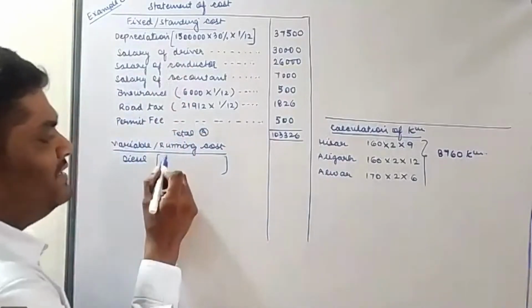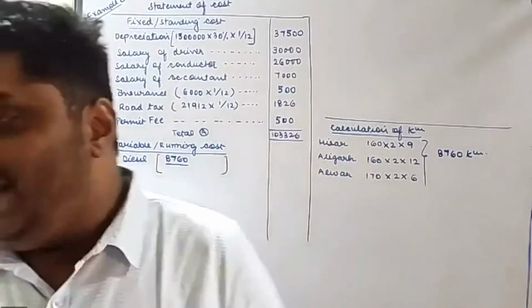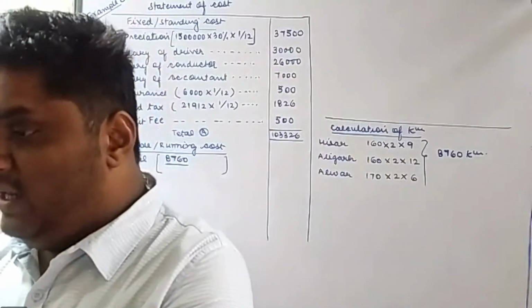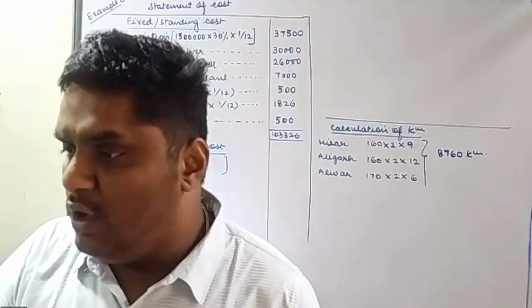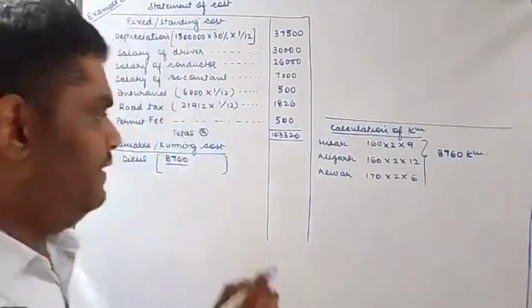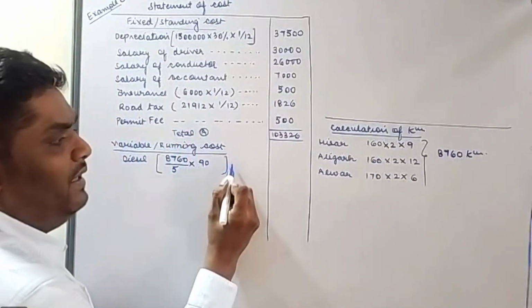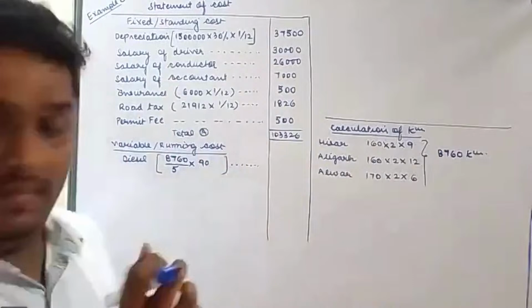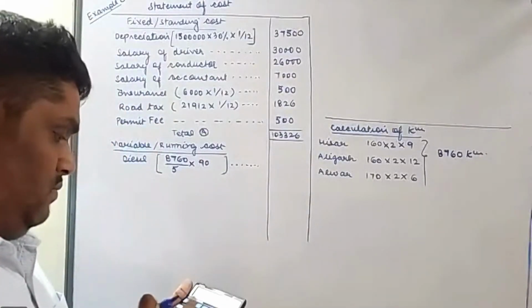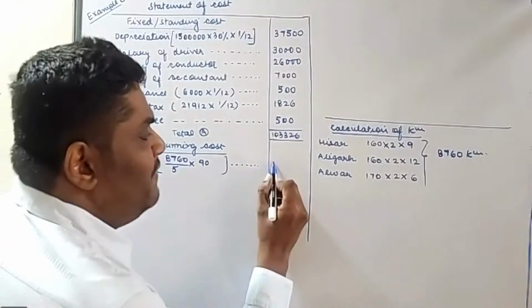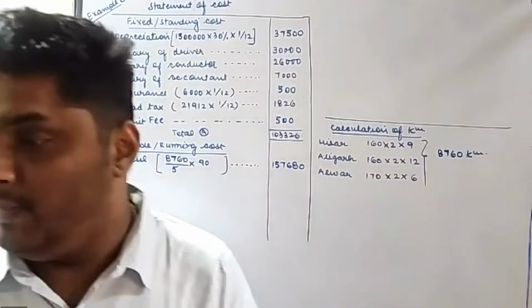So the total distance is 8760. The bus gives a mileage of 5 kilometer per liter. Very good, Meenu, very good, Sunil. So 8760 divided by 5, into the rate of the diesel, rupees 90, gives 157,680.